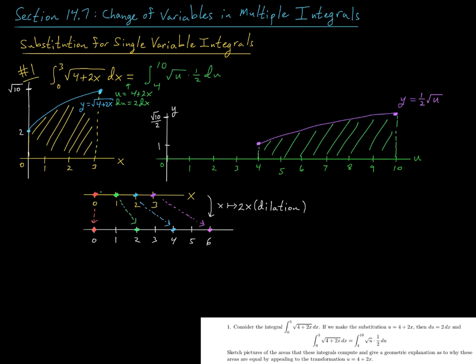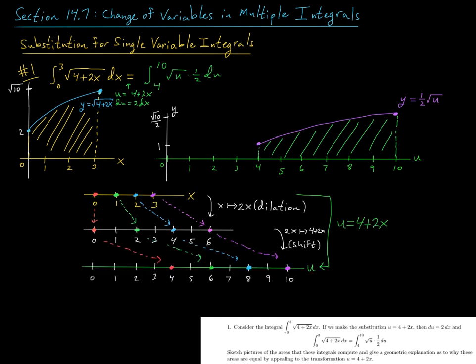You could think about stretching a rubber band that's pinned at x equals 0 by a factor of 2. So 1 will get stretched to 2, 2 to 4, 3 to 6, so on and so forth, and it would fix 0. Now if we add 4, that's just going to take those stretched points and shift them right 4 units. So 0 would get shifted to 4, 2 gets shifted to 6, 4 to 8, and 6 to 10.